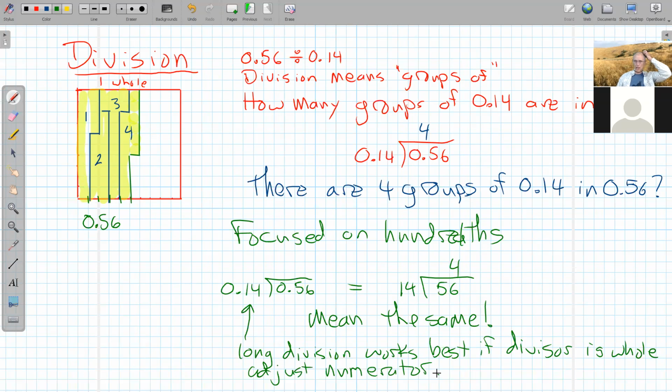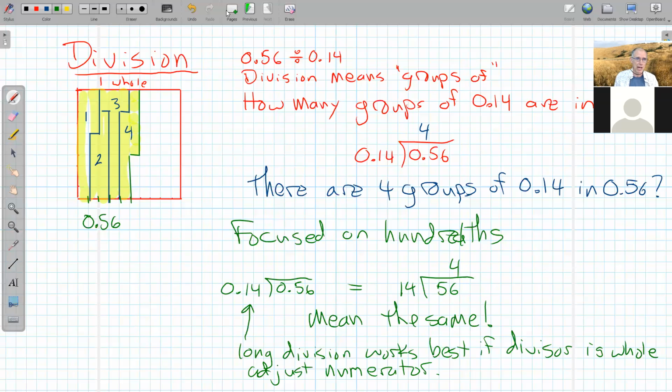Let's just review that algorithm. So this is the model. This one showed why the answer should be 4. Why isn't it something else? Well, because division means groups of, and there happen to be 4 groups of 14 hundredths in 56 hundredths. That's it. That's why. Because that's what division means.